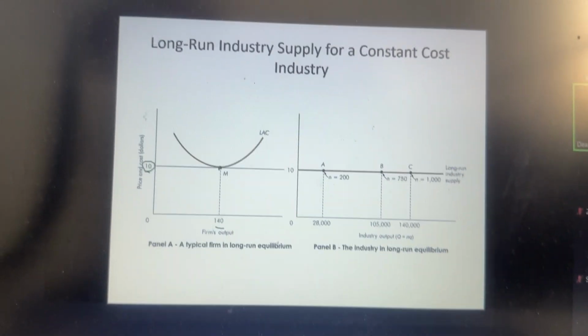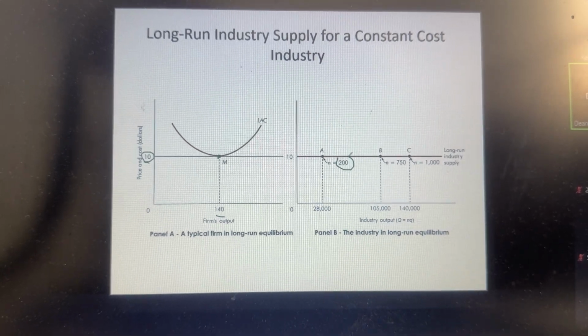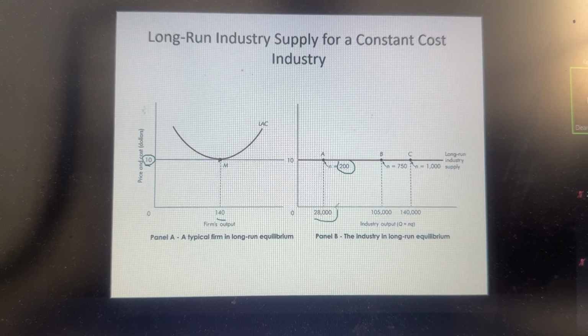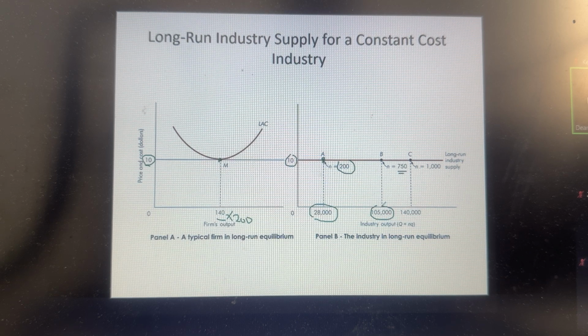If there are 200 firms, this is one firm, 200 firms together will produce 28,000, because 140 multiplied by 200. So you are producing at point A, and the cost or price is not changing, it is 10. If there are 175 firms, the industry is producing this much, again the cost is the same. With more than 1,000 firms, this is the production, again the cost is the same.